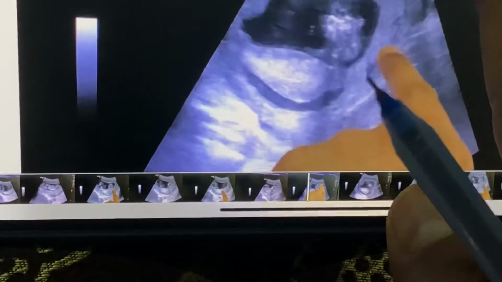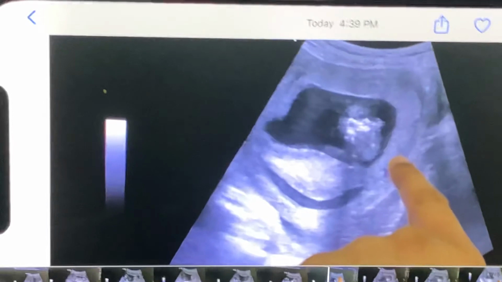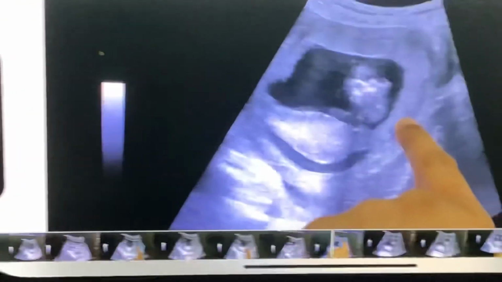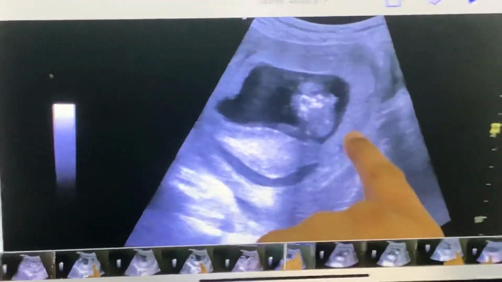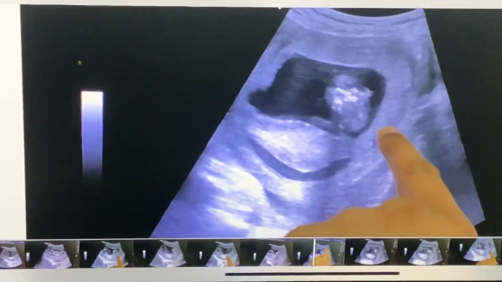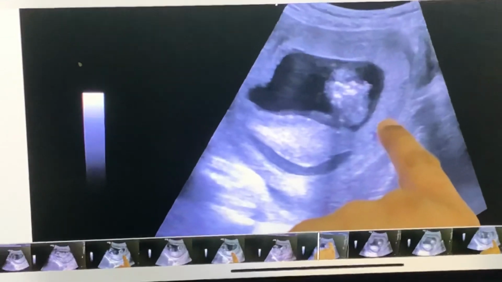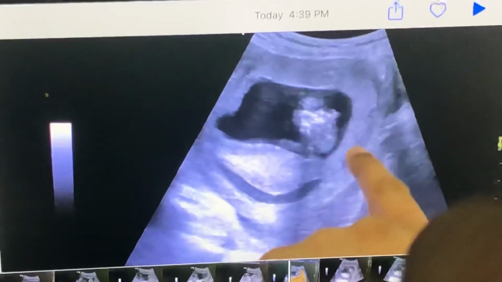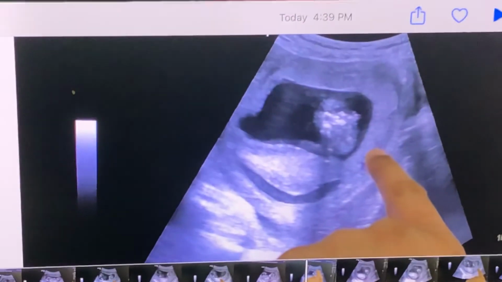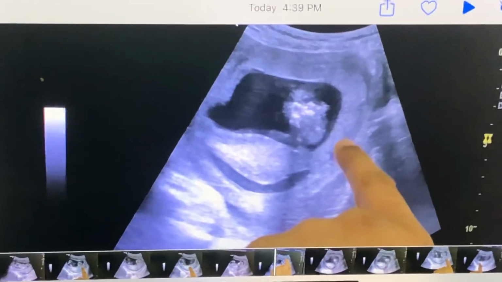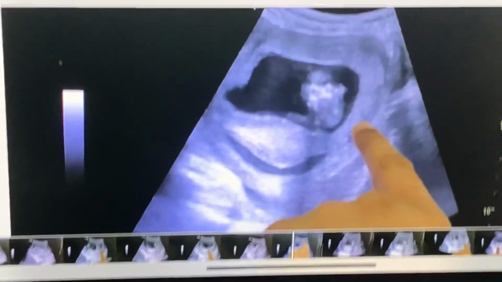It is very rare to see the placental separation in early pregnancy. Although in books it is written that retroplacental clot and all those things, these are not so common to come across. And in early pregnancy, before 13 weeks or 15 weeks, I have never seen any clear-cut placental separation like this.